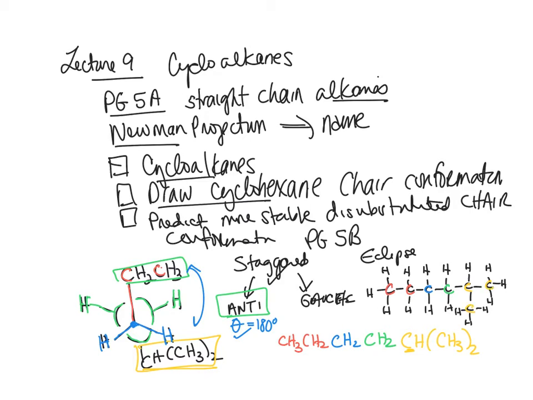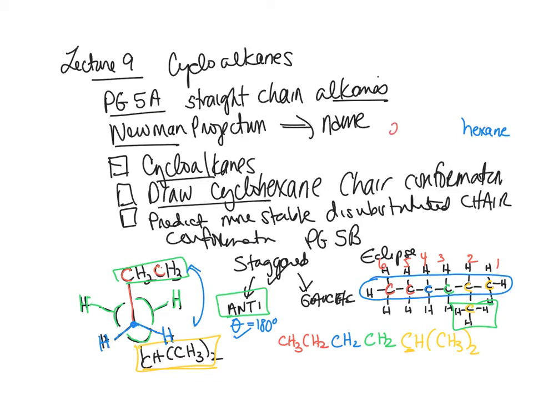Now, in our naming, we find our longest chain, right? So 1, 2, 3, 4, 5, 6. So what's 6? Hexane, right? And then we need to number, and where's our substituent? Our substituent's here, and to give it its lowest number, you go 1, 2, 3, 4, 5, 6.